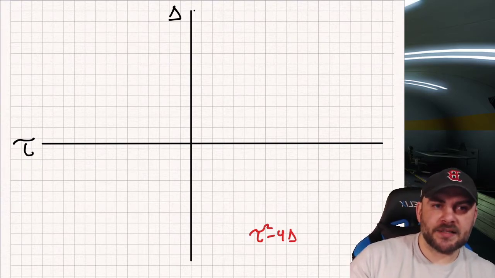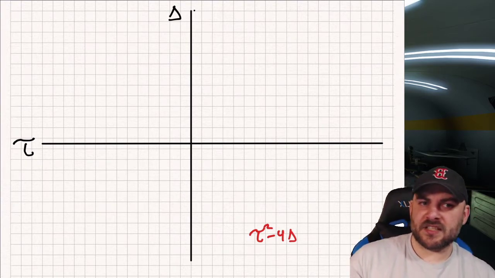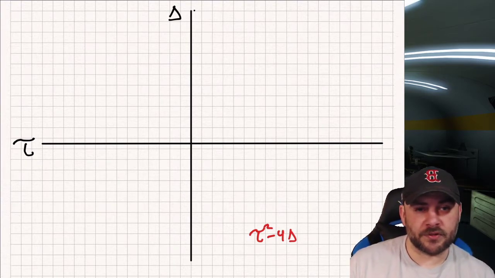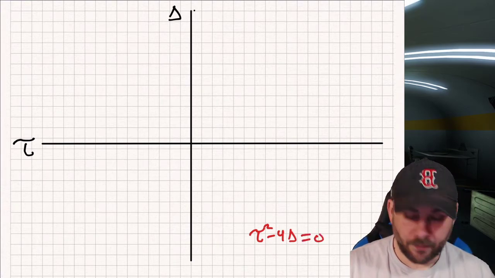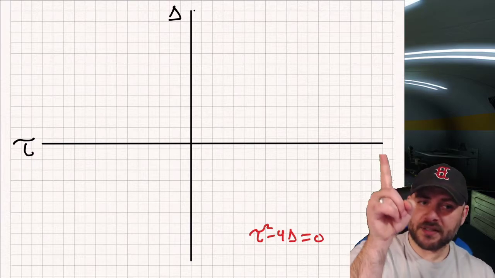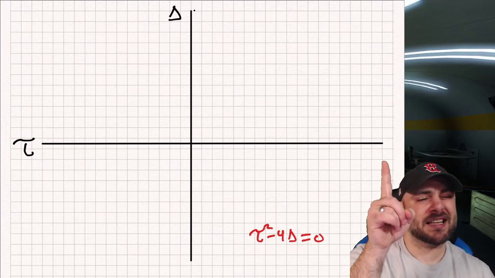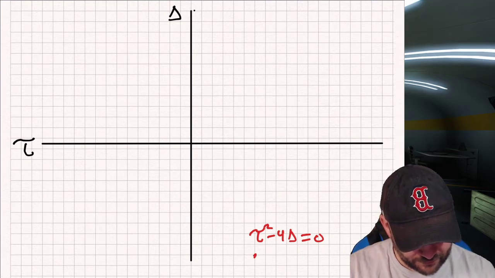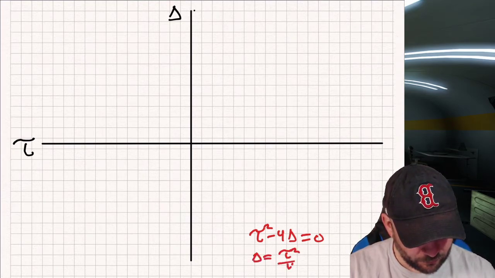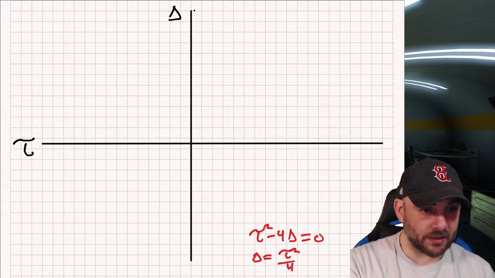If it's positive, we have real roots. And if it's negative, we have complex roots. What's in between positive and negative? Well, when it equals 0. Now, if I look at how I've got this plot rearranged here, I'm treating tau as my independent variable. So I'm going to solve for delta, and it's going to equal tau squared over 4, which is a parabola.